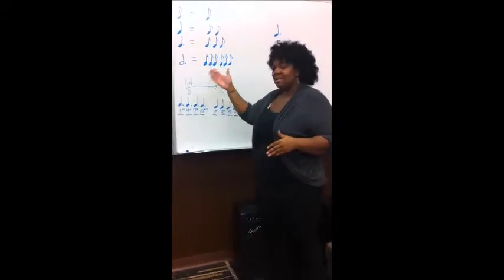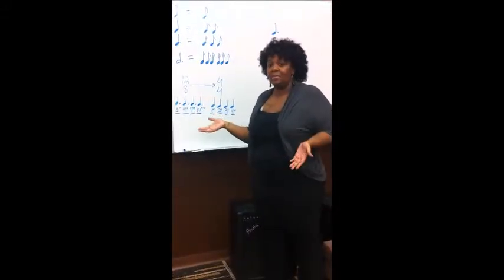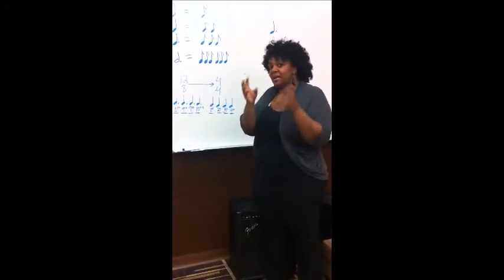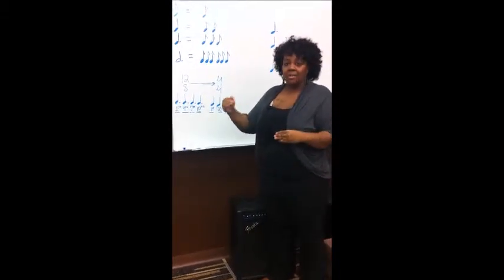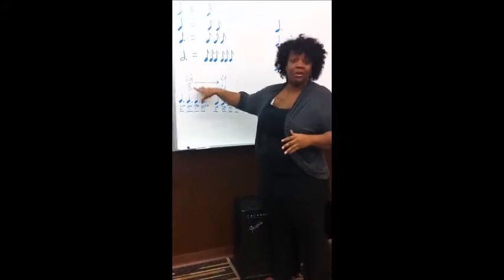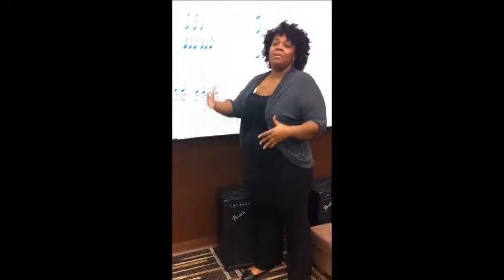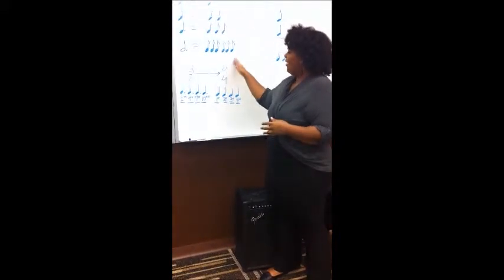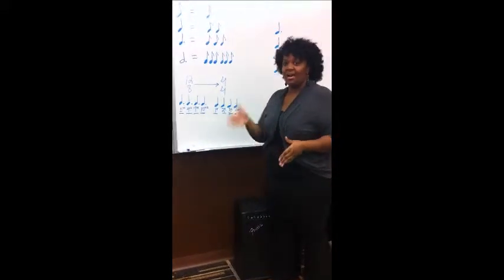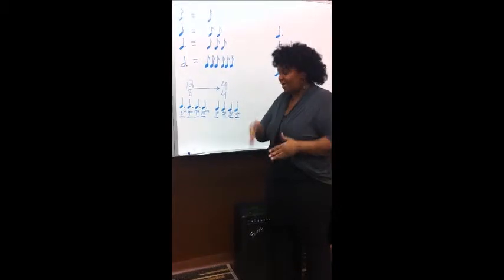Like I said, 12/8 is divided up into 3 small beats for each strong beat that you have. So when you're thinking of odd numbers in regards to meter, you're going to be thinking more relaxed. And in simple meter, you're going to be thinking of more even, spread out notes.